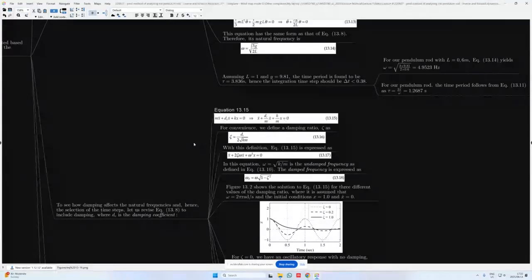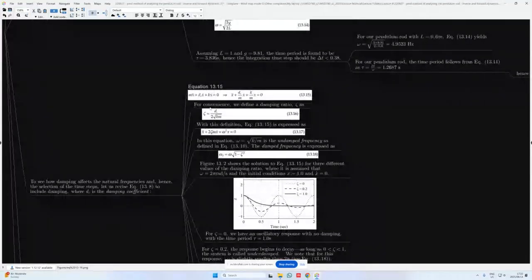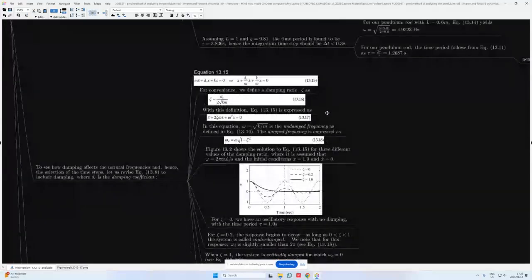And then we can write the damping ratio as this zeta parameter, which is equal to the damping coefficient divided by 2 times the square root of the stiffness of the spring multiplied by the mass of the object. With this definition, we can now rewrite equation 13.15 in the form of equation 13.17.